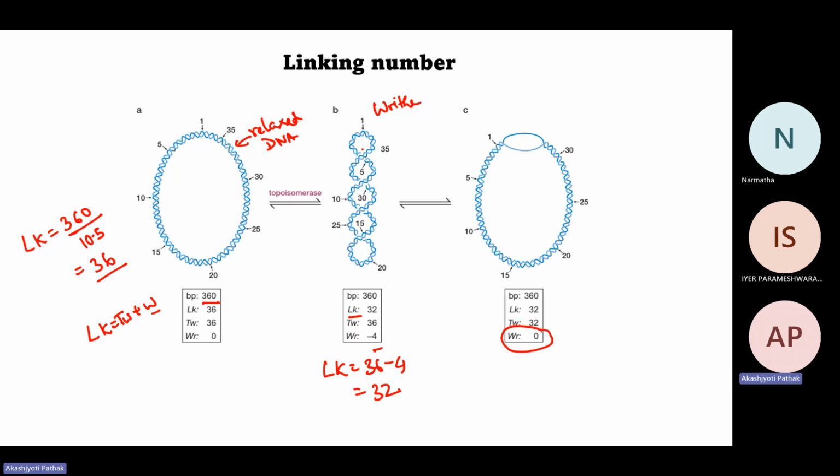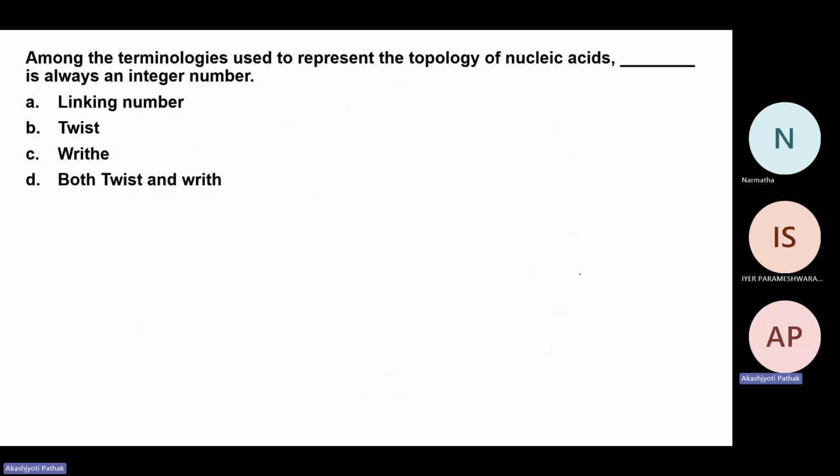That is what I was explaining: the linking number does not change due to the shape or due to the opening of the DNA. Here the linking number was 32, and now when the DNA has opened up, the linking number will still remain 32. Okay.